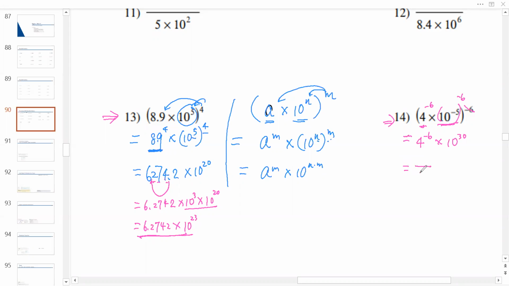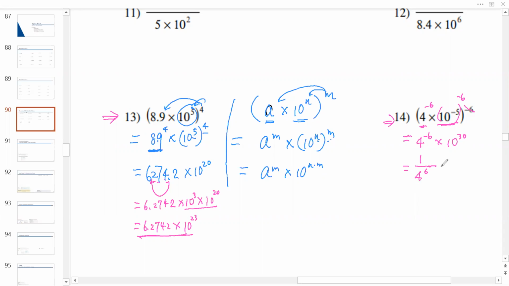Actually, this part is 4 to the power 6, so you need 4 times 4 times 4 and so on.